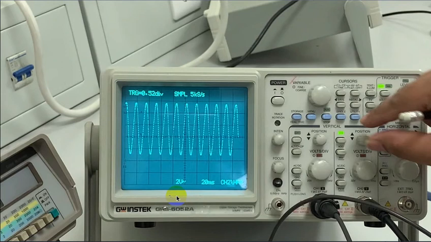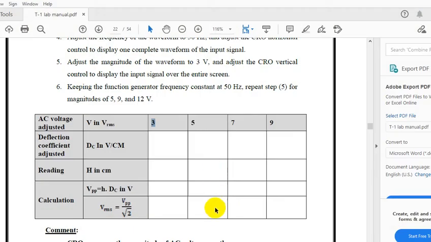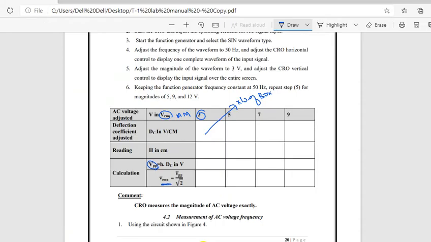So here you can see, this is 3 RMS. Here it is the RMS value that we set in the multimeter.